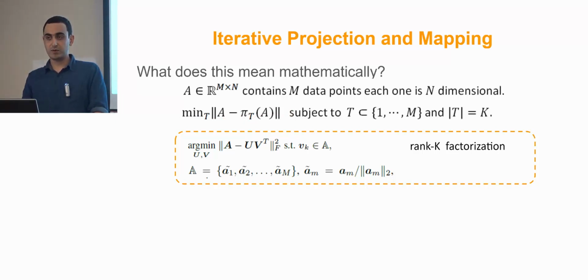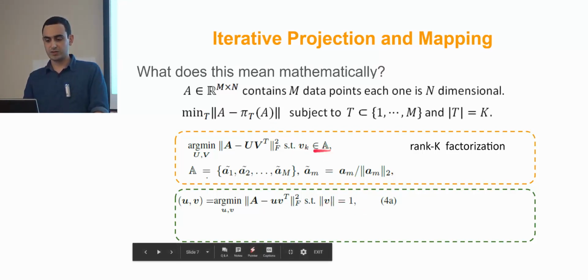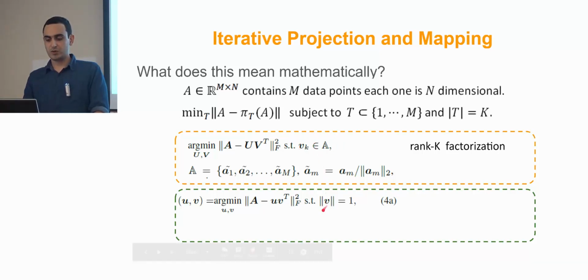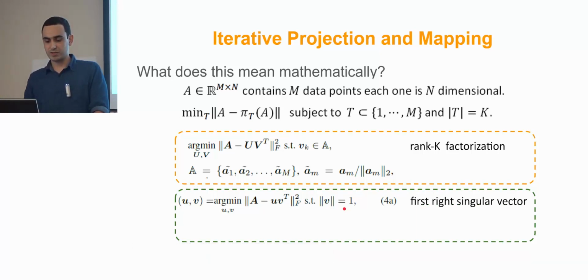But still this problem is difficult to solve, so we relaxed it. Let's assume we just want to select one sample, and what would that sample be? We further relax this constraint here, so instead of belonging to this set, we want to find the best unit norm vector that can represent the matrix A. And this is by definition the first right singular vector of matrix A. And this is what we do.